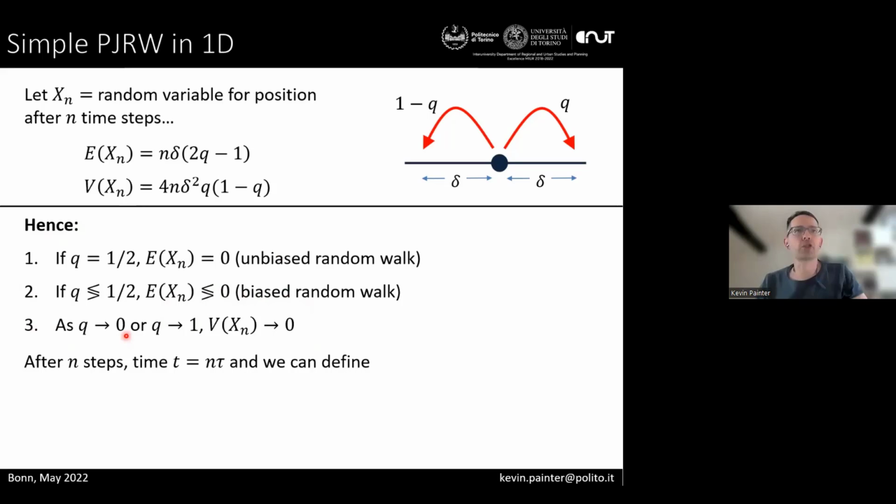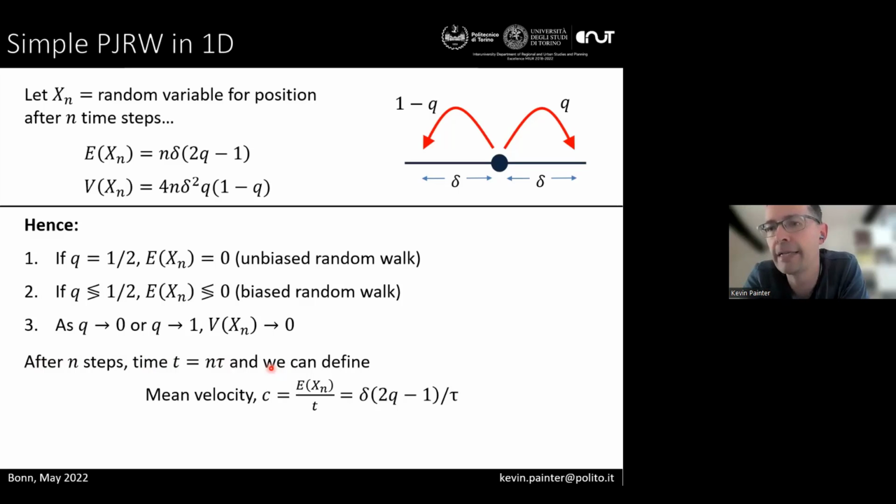And to give some terminology here, let's now start relating this to actual space and time scales. We had our particle moving a step delta every time step. So after n steps, we can define a time t, which is simply n times tau.